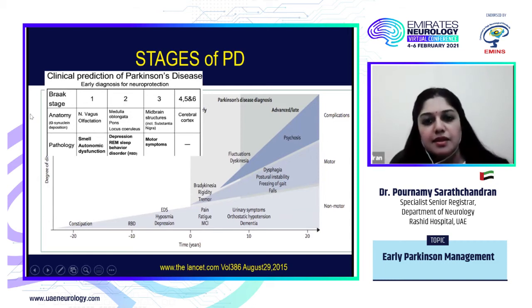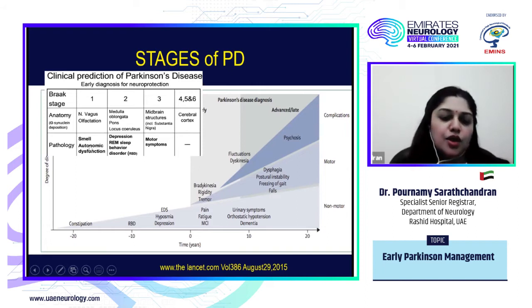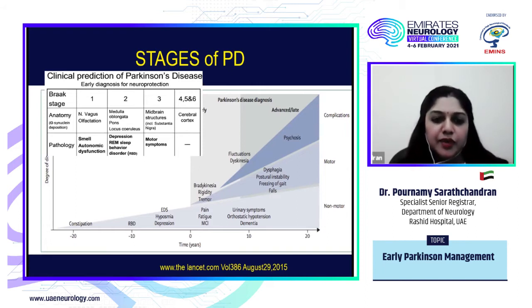So once the vagus nerve and the olfactory neurons are affected, we get anosmia and autonomic dysfunction, especially constipation. And once it goes on to the medulla oblongata, pons and locus coeruleus, we get a variety of manifestations, including depression, REM sleep behavior disorder, etc.